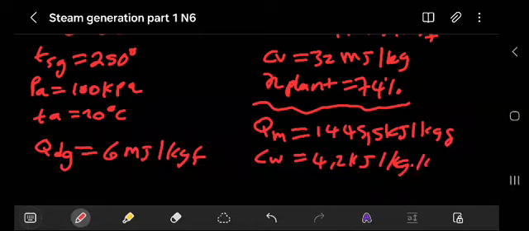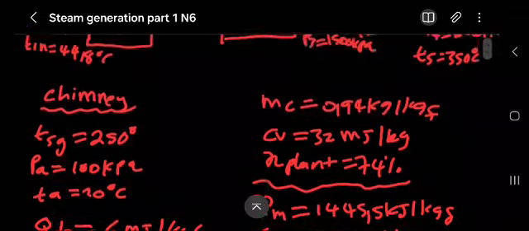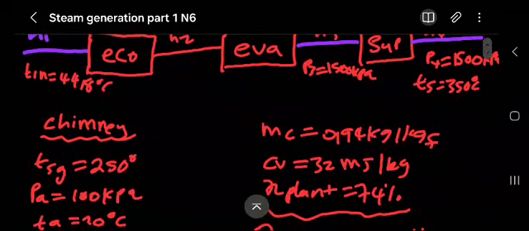We have given also the specific heat capacity of the gas, which is 1.046 kilojoules per kg per Kelvin. This is our data so far.